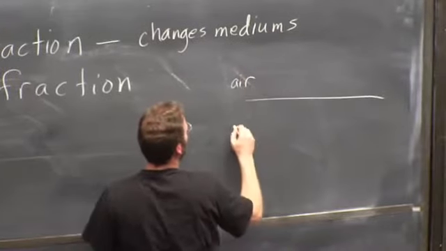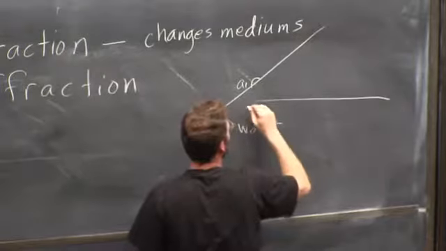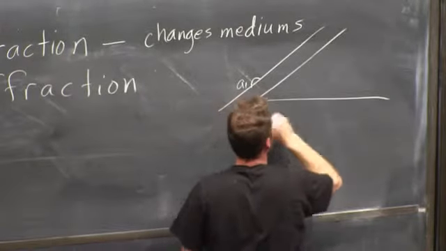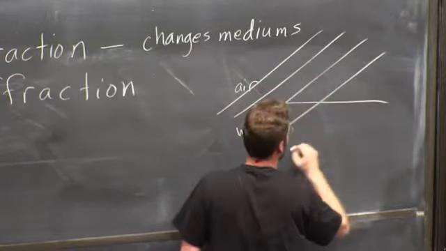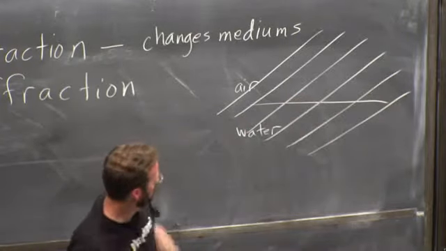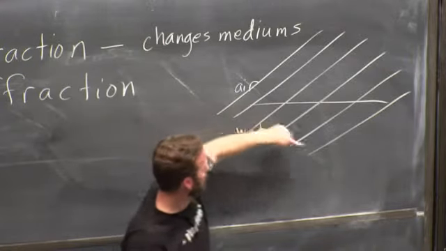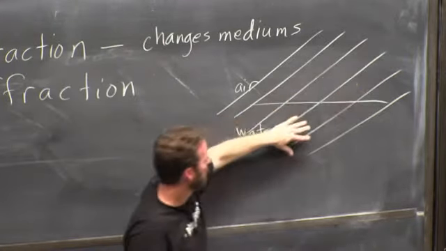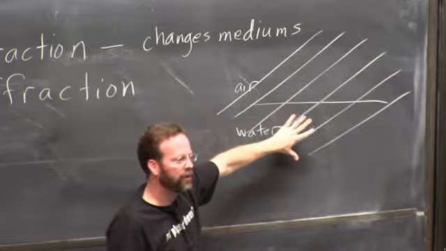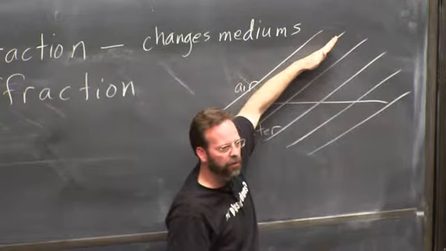Again, if you had air and water, and you have these wave fronts coming in, don't draw that. Here's the wave fronts. These go in the water first, before this part of the wave front. They travel more slowly here. So if this is a wave front, it's like an axle on a car.